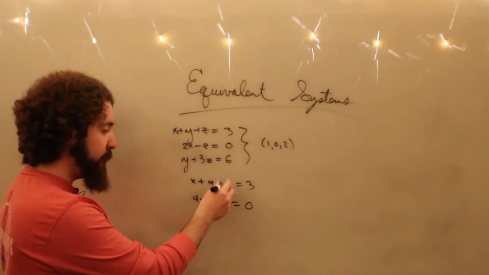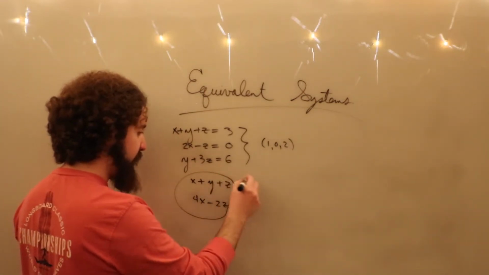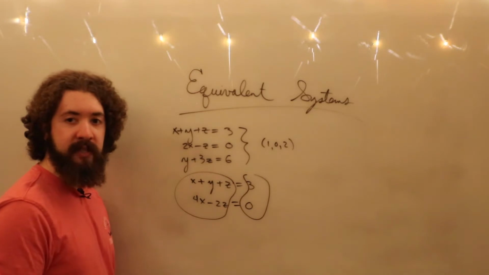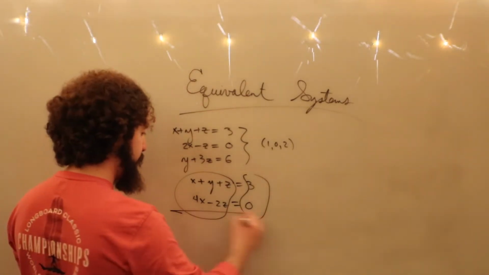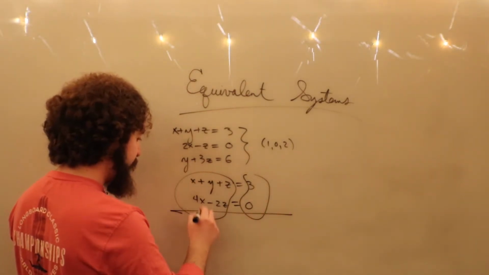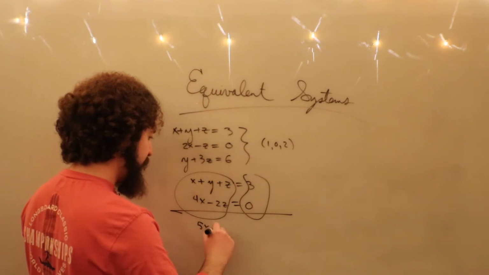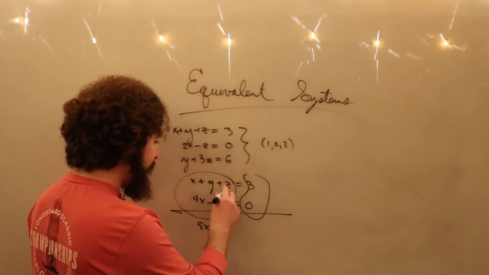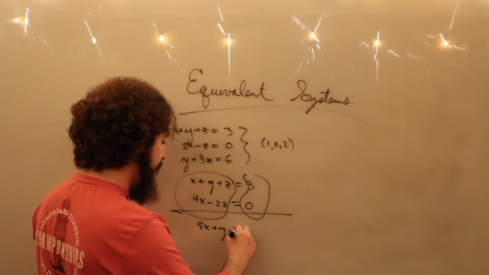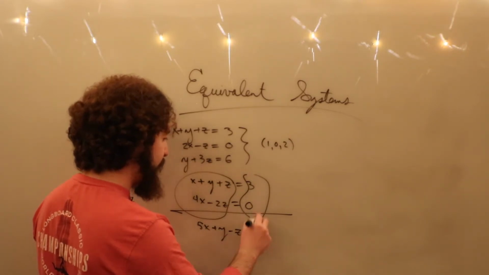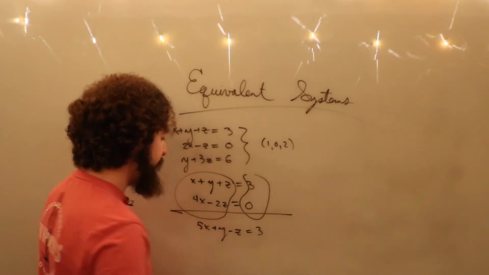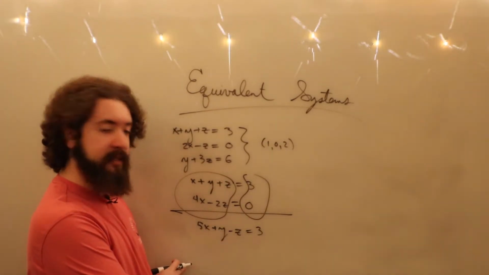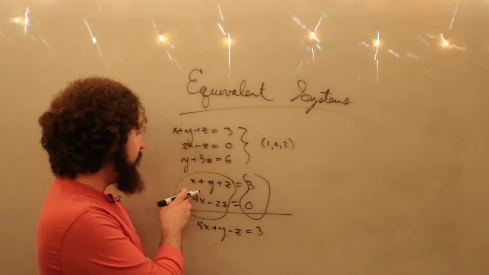Alright, now let's add these sides of the equation and add these sides of the equation to give us a new equation. So we'll get x plus 4x is 5x, y, and there's no y's in the second one, so just plus y, z minus 2z is minus z, and then this is going to be equal to 3 plus 0 is 3.